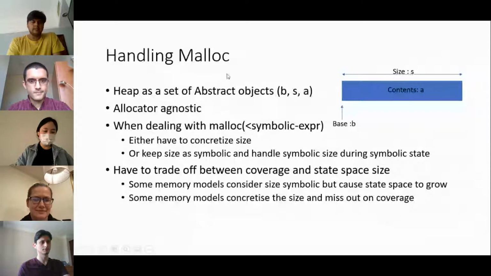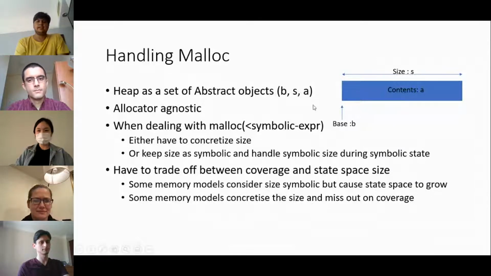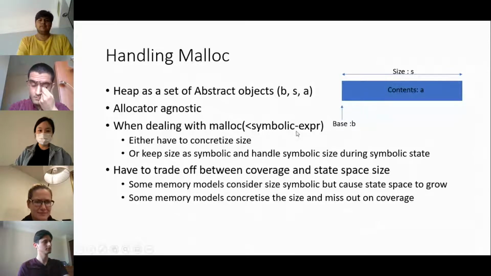Therefore, we directly jump to the case of handling malloc. Usually, symbolic execution engines create abstract objects whenever they see a malloc, with a base, which is the starting address, the size of the memory object created, and the contents, which are stored by different executors by different methods. The problem occurs when we are dealing with something like malloc of a symbolic expression.